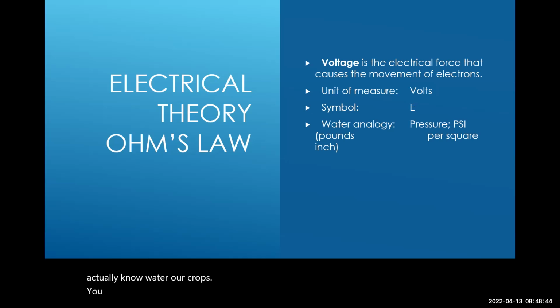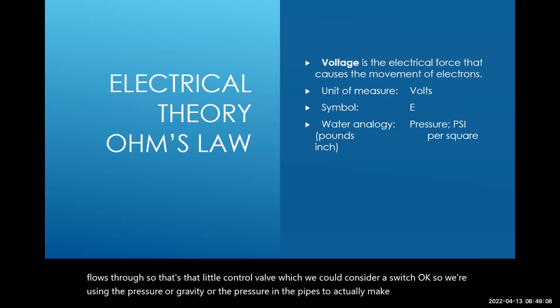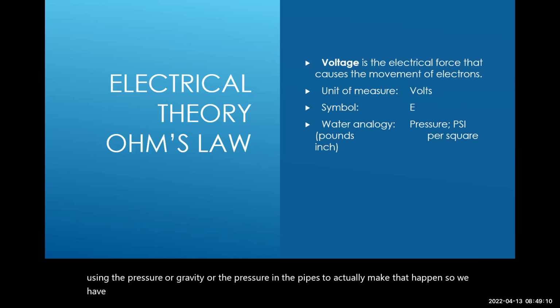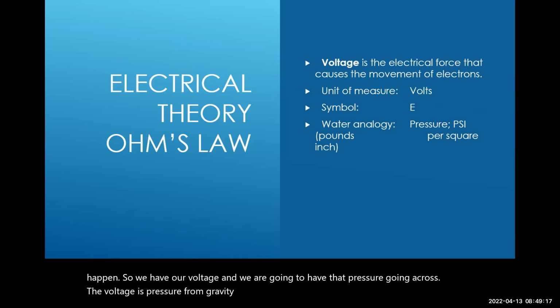Maybe you're thinking about a shower, you get up there, you turn the shower on, and now the water flows through. So that's that little control valve, which we could consider a switch. Okay, so we're actually using the pressure of gravity or the pressure of the pipes to make that happen. So we have our voltage, and we're going to have that pressure going across. That voltage is actually the pressure from gravity going down, or the pressure from the pipes.